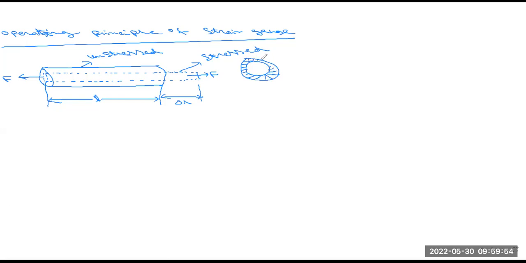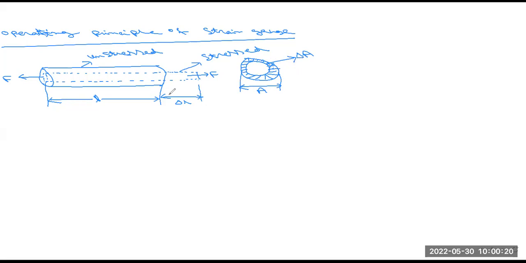This is circular. In the diagram it is not circular, but you have to consider it circular here. And this is basically the area delta A, and this area is A, and this delta A is the inner portion.